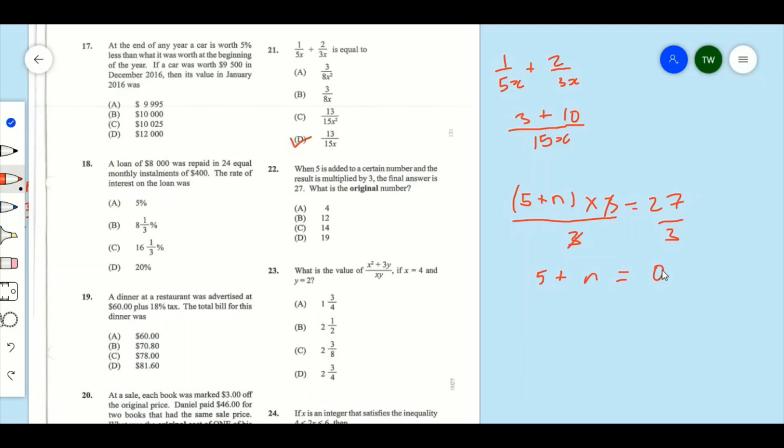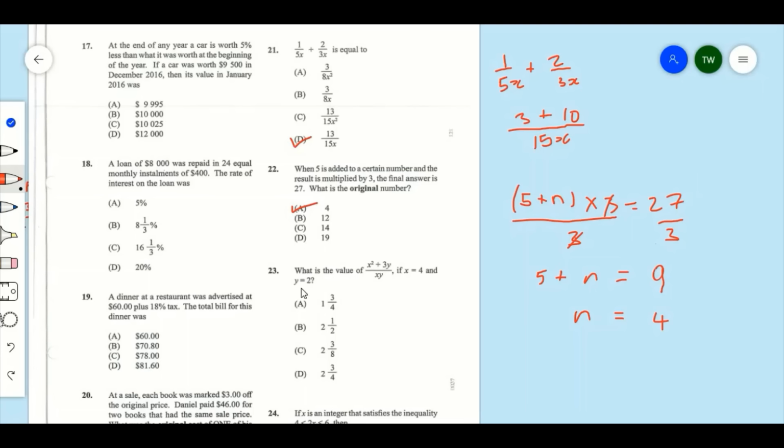That's going to give us 9. Now, what we're going to do is subtract 5 from both sides, and n is going to equal 4. So our answer here is going to be A.